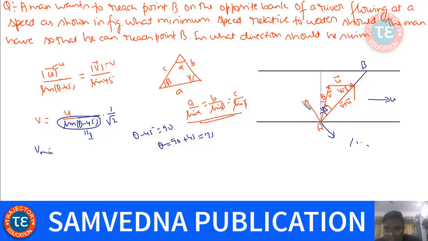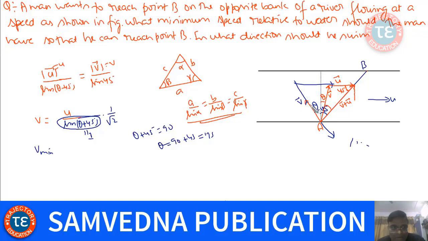That simply means that this v must be in this direction, and if v is in this direction, this is going to be theta, and now this is going to be a triangle, and instead of theta minus 45, it will be theta plus 45. In that case it would be a nice value. Then we'll get theta equals 45 from here. If I take this direction, theta minus 45 is 90, that will lead to an absurd scenario.